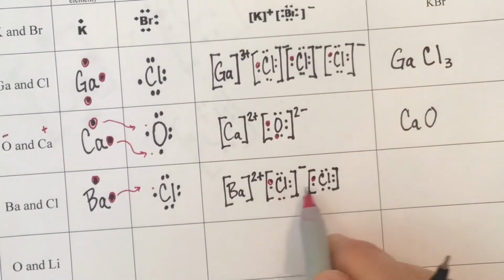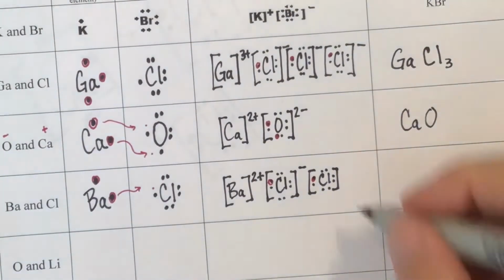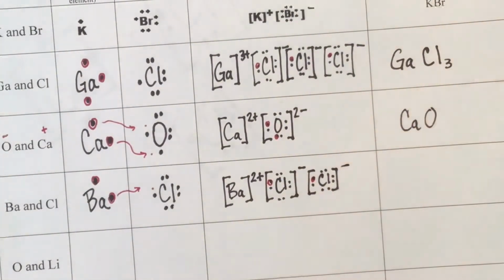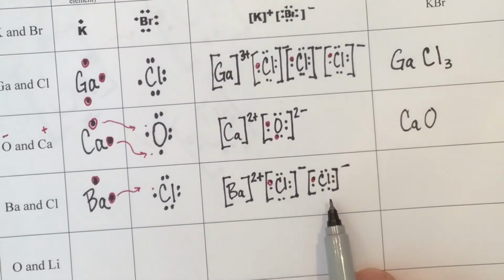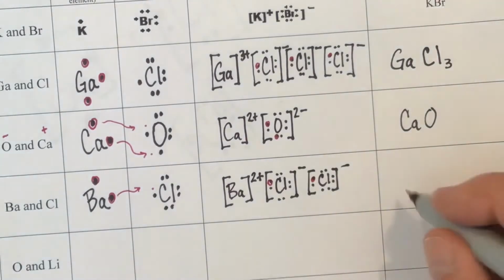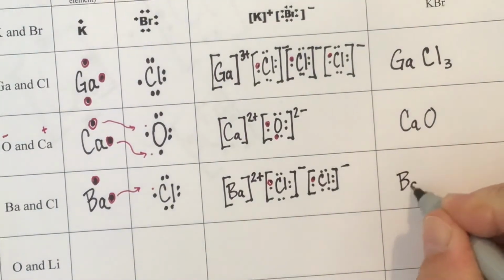So you see there's the 2 electrons that came from barium. Of course, that's going to be also a -1 charge. +2 minus 1 minus 1 equals, that's right, 0. So when we write the formula, we have BaCl2.